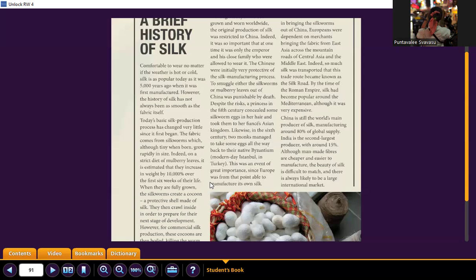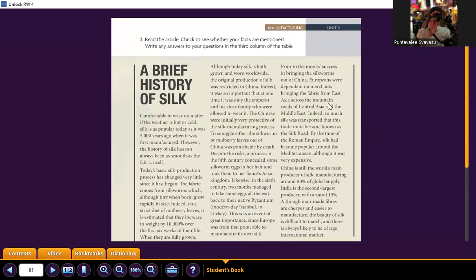Number four, they talk about the Silk Road. So we'll go back to this section. And the answer for number four is used by traders. It's kind of right here, where they talk about this trade route. They depend on merchants here.